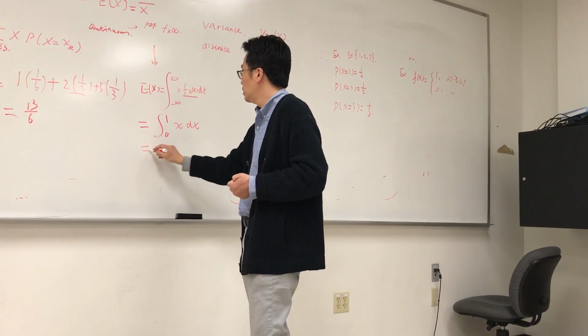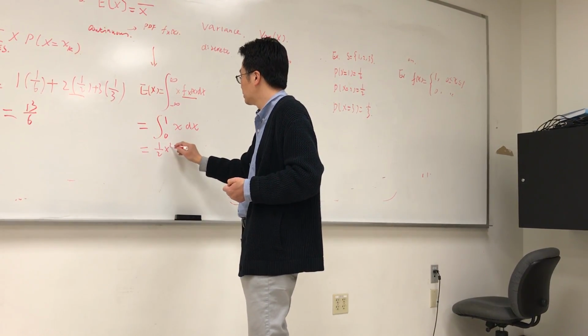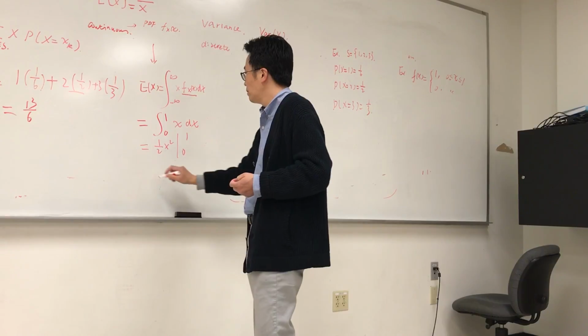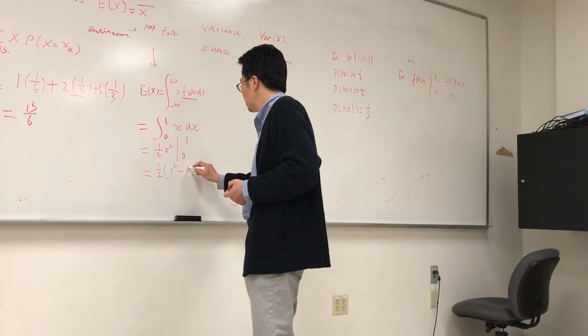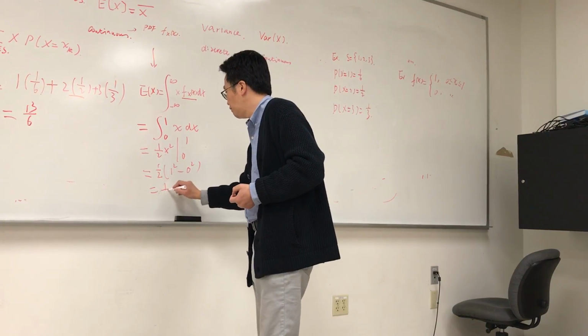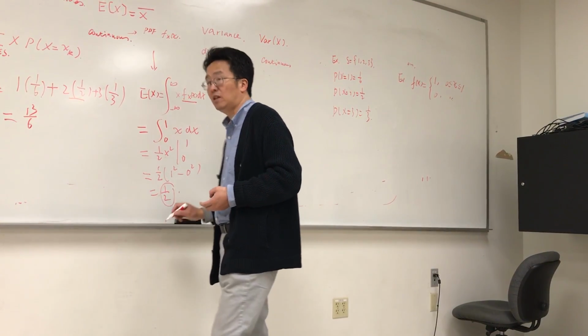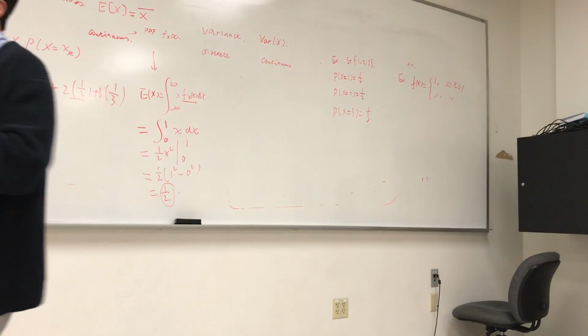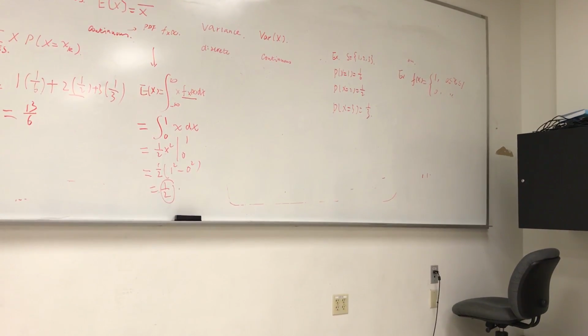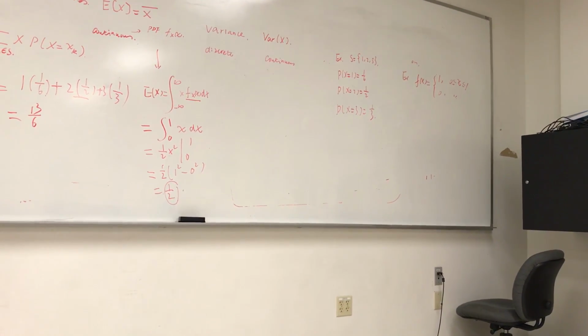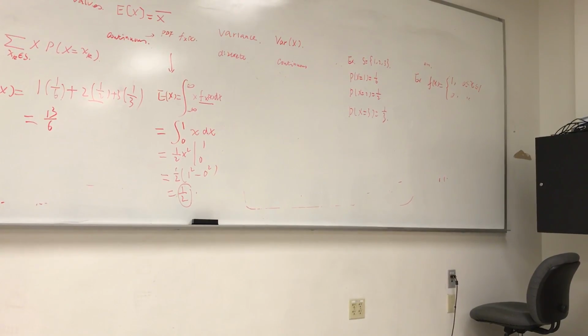It will be half x squared from 0 to 1, so half times 1 squared minus 0 squared. So that's the mean value in this case. That's how we can determine the mean value for both discrete and continuous random variables.